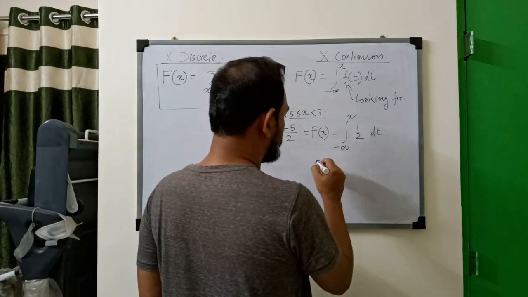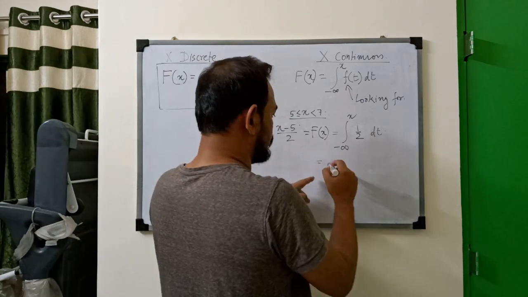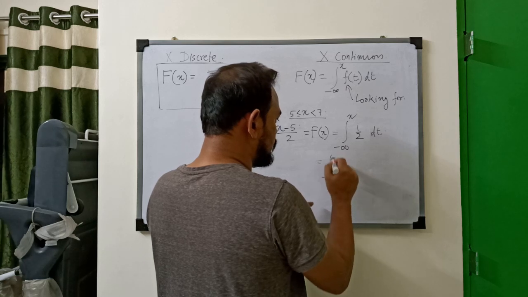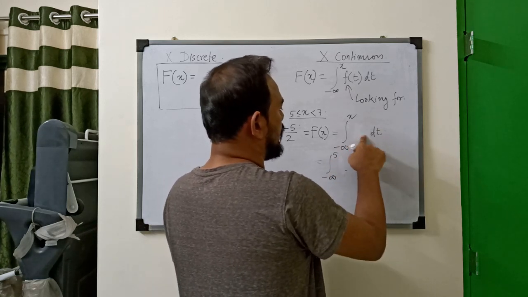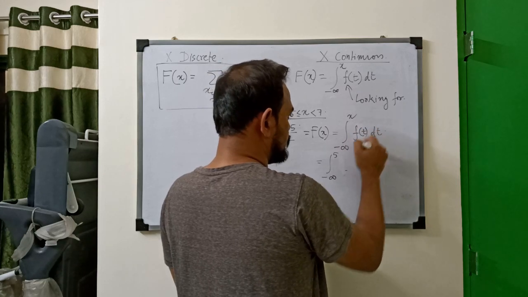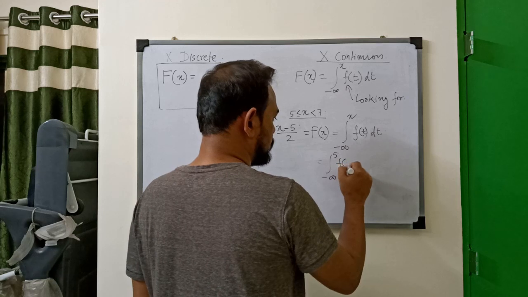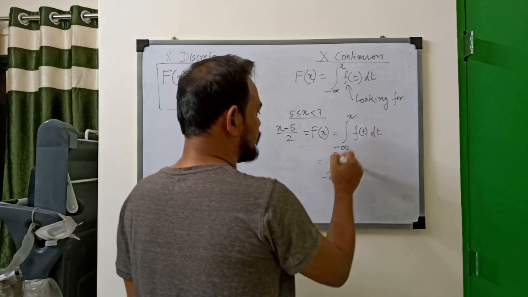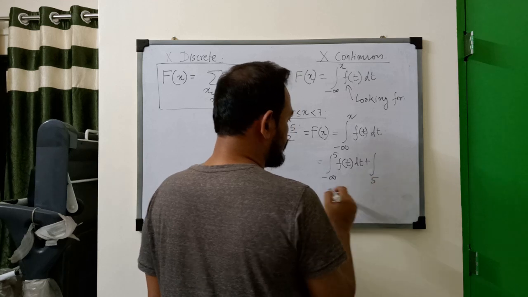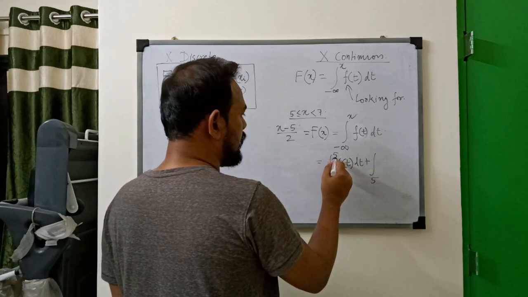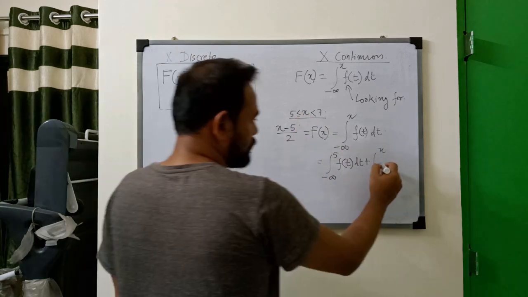Why? Because I can break up this integration into two parts: from minus infinity to 5, and then from 5 to x, because x is more than or equal to 5.